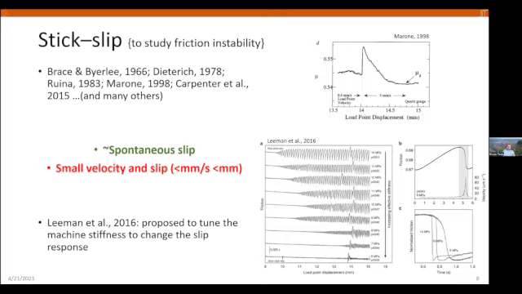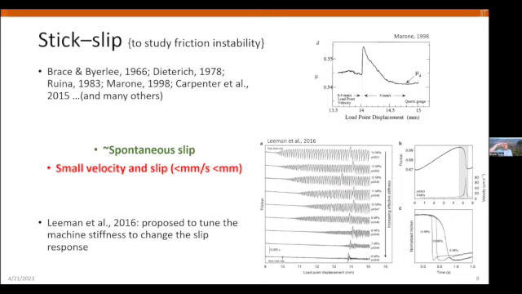Over the years, there have been some attempts at trying to tune the stiffness of the machine, of the apparatus, which typically is a biaxial machine. So imagine a sandwich with in between a slab of rock, and then you try to push the slab of rock past the other two samples, or even one sample past the other.